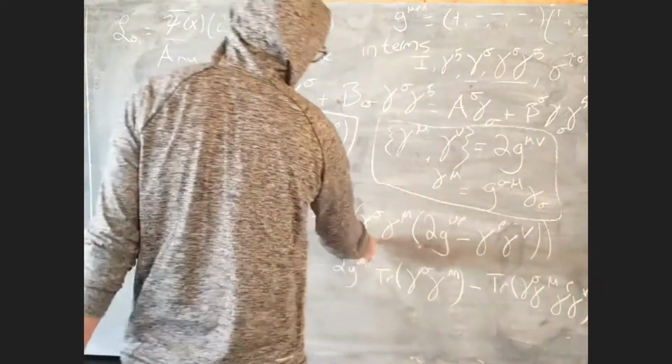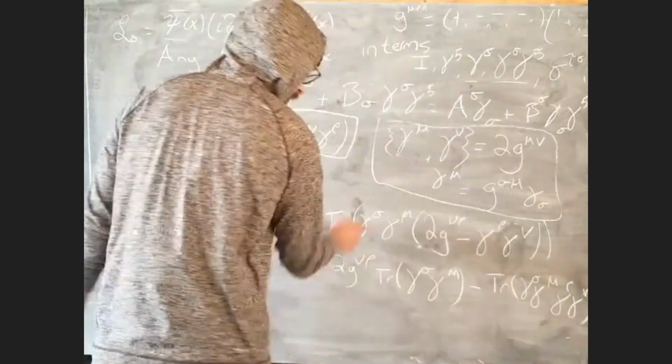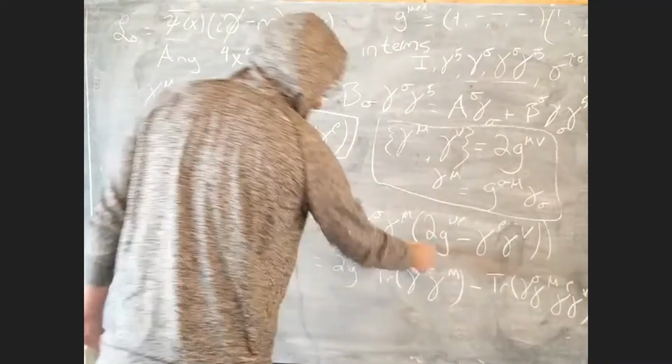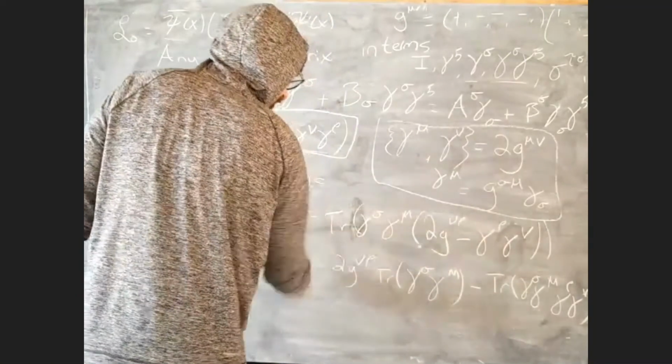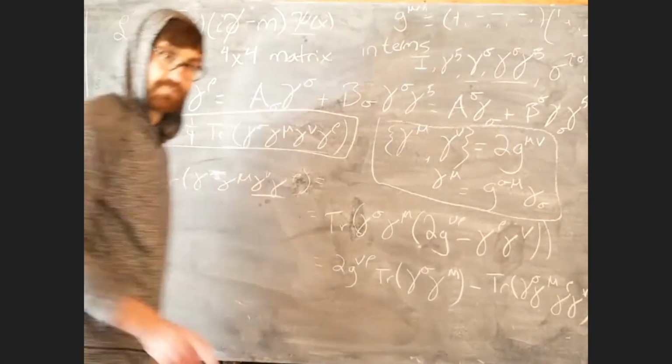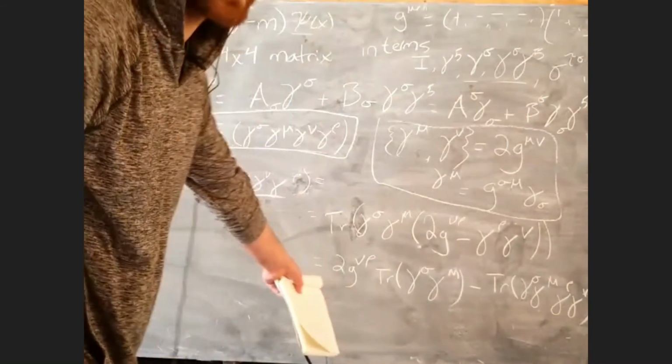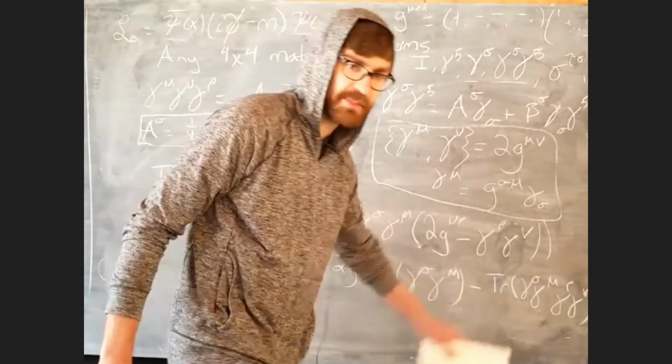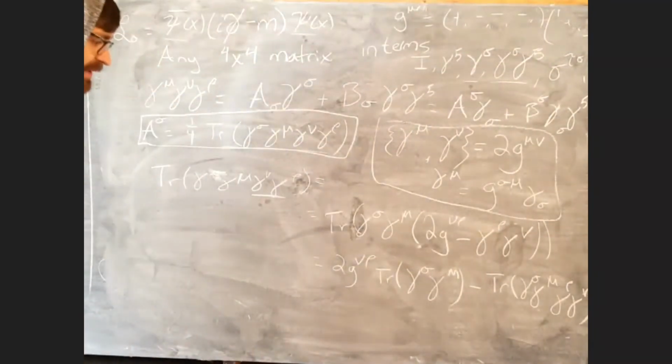Basically, I applied this to here and I applied this to here. When I apply this to here, this is a number. It comes out of the trace, but this is still another term. Now, we have two separate things here, and we have to take them each. Can you see all that? Yeah, you can see all that. We have to take them each separately, so let's start with this one first.